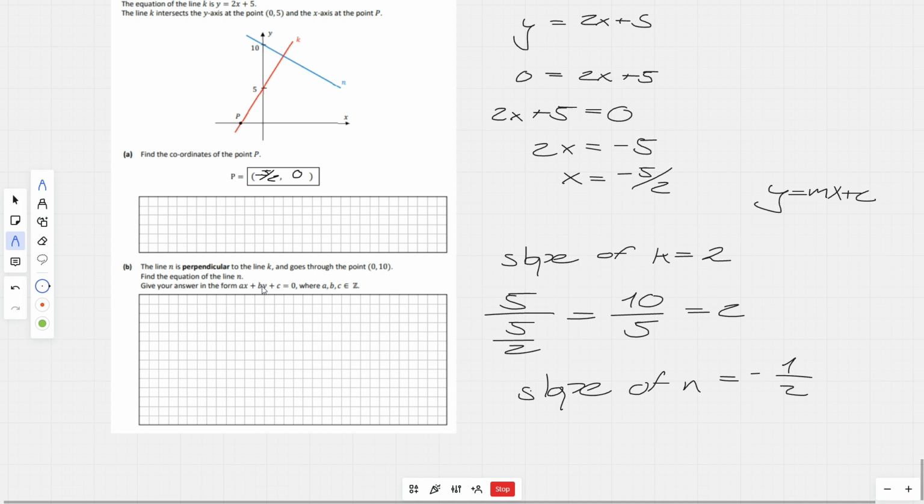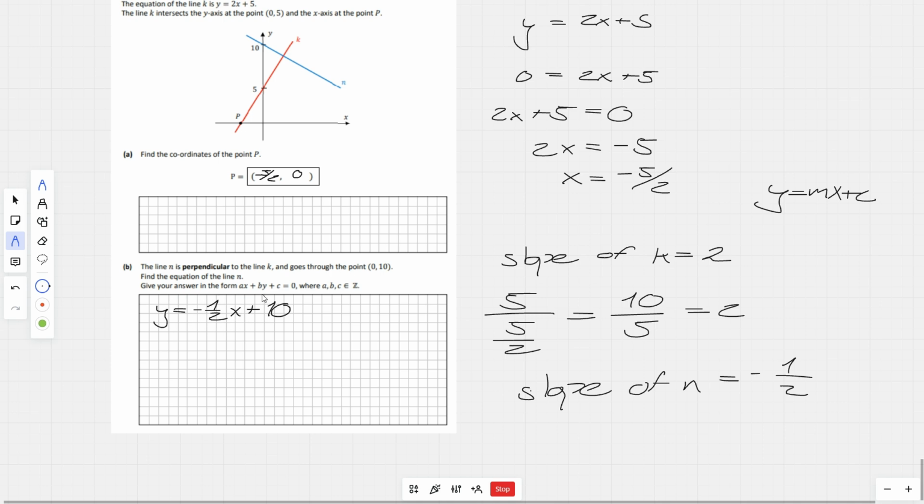Okay, and from that, I can actually get the equation of the line n just by using this. So I could say y = -1/2 x + 10, which will be our y-intercept. So now we have the equation of line n.